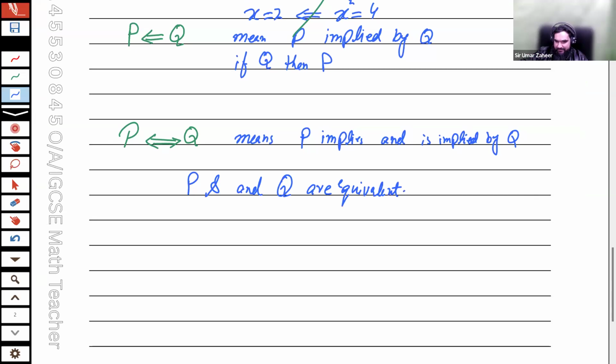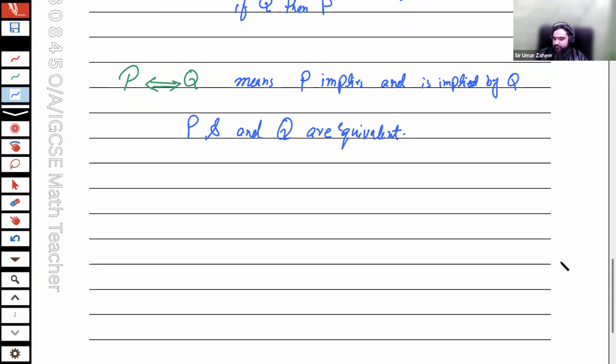For example, if in a triangle all angles are 60-degree, what can you imply from here?